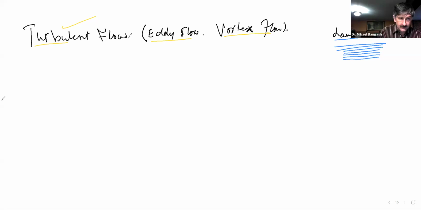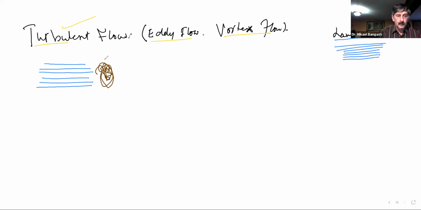But we can still say that in a river, everything was flowing smooth. But due to a big piece of rock, for instance, what is going to happen is that the otherwise laminar flow here is going to become turbulent.